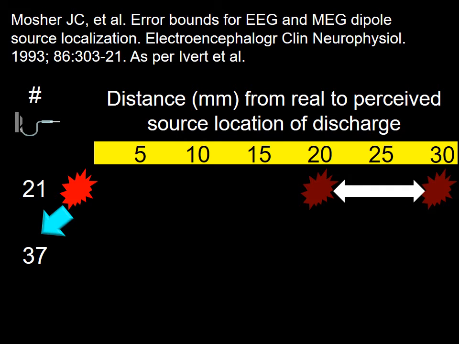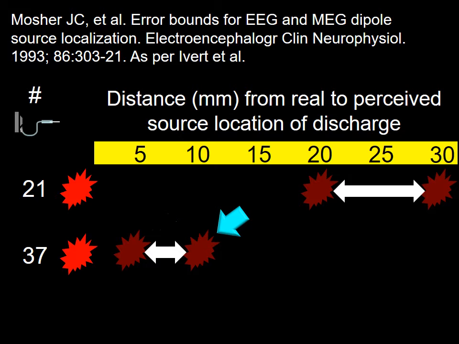When using 37 electrodes, the distance between the real source and the perceived source could be as little as 4 millimeters to as much as 10 millimeters.